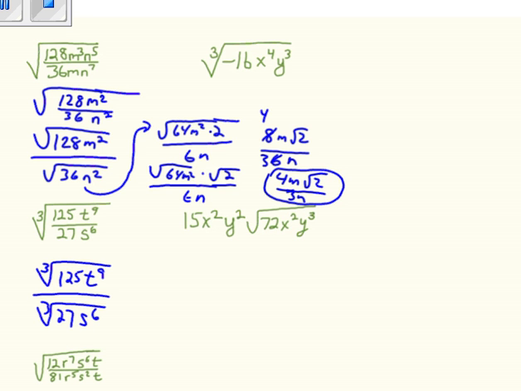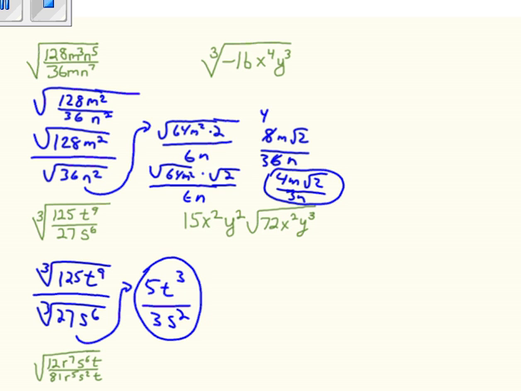What's the cube root of 125? 5. What's the cube root of t to the 9? t cubed. What's the cube root of 27? 3. Cube root of s to the 6? s squared. Good.